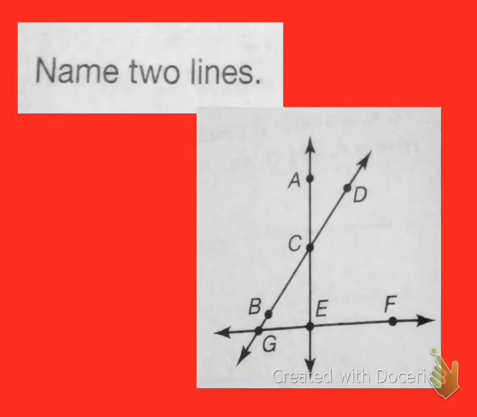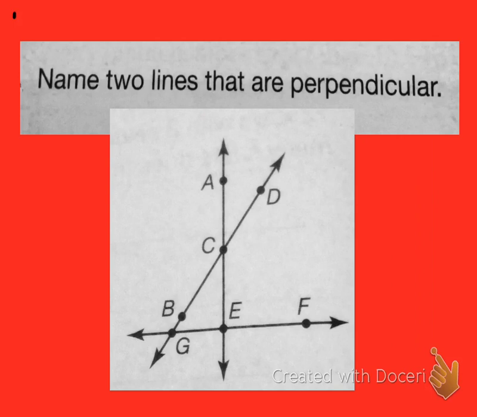All right, and I want you to look at the picture on your screen and name two lines, not line segments, two lines. And then look at the picture on your screen now and name two lines that are perpendicular.